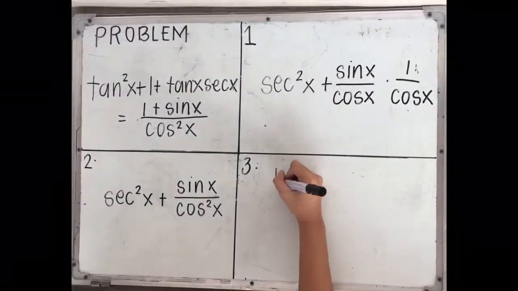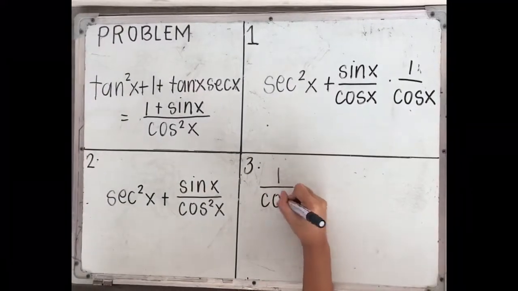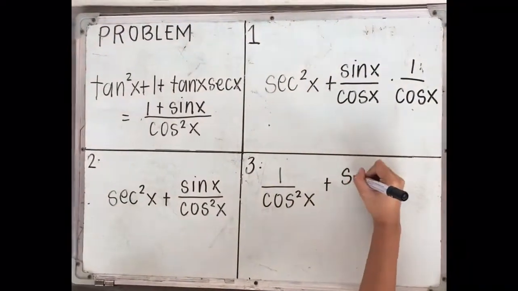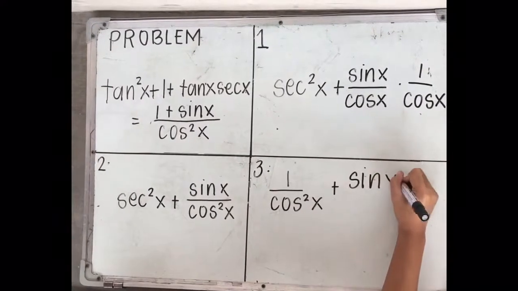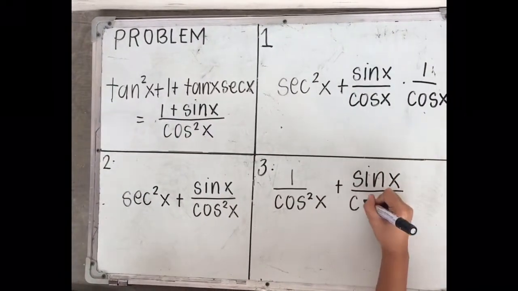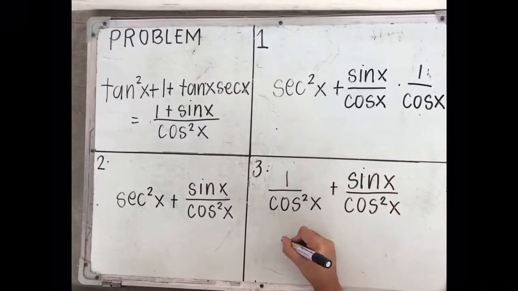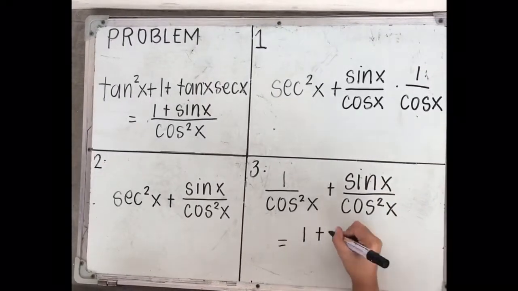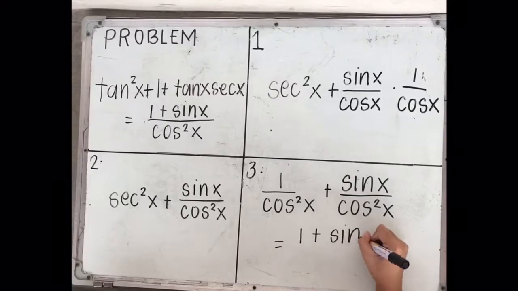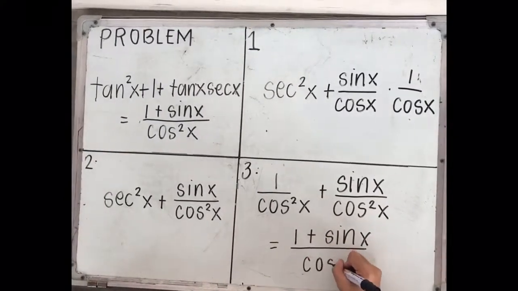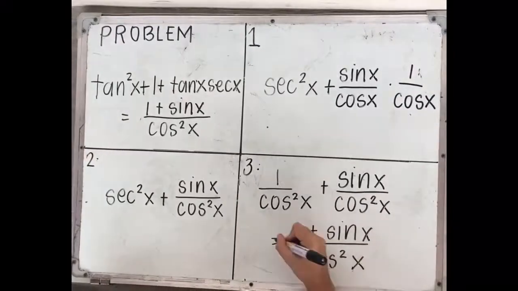First, 1 over cosine squared x plus sine x over cosine squared x.